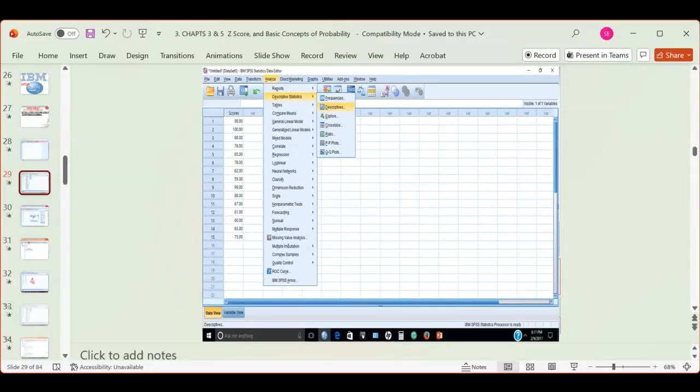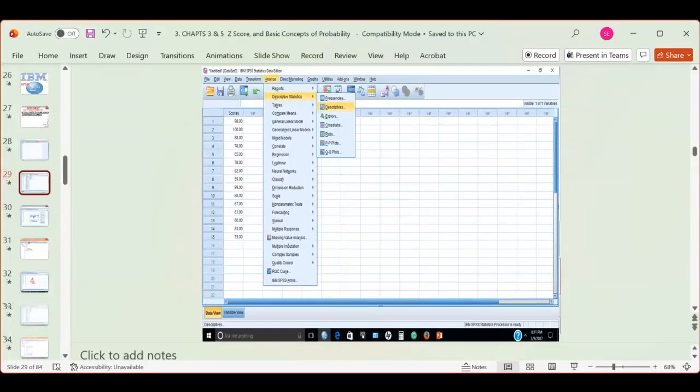Once you calculate the z-score, well, first of all, you need to know the mean for the class, right? X minus mean divided by standard deviation, and you need to know the standard deviation. Then it tells you the z-score for every one of these scores.